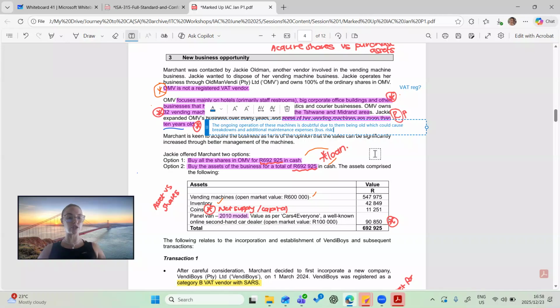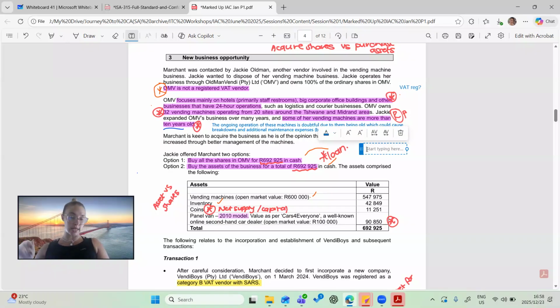Okay, we are linking it to the operations or the financial standing, the financial performance, the financial position of the business. Conversely, if we word this as a ROMM, okay, we could say something like there is, again, we need triggers, since the machines are more than 10 years old. There's actually two we could potentially say here.